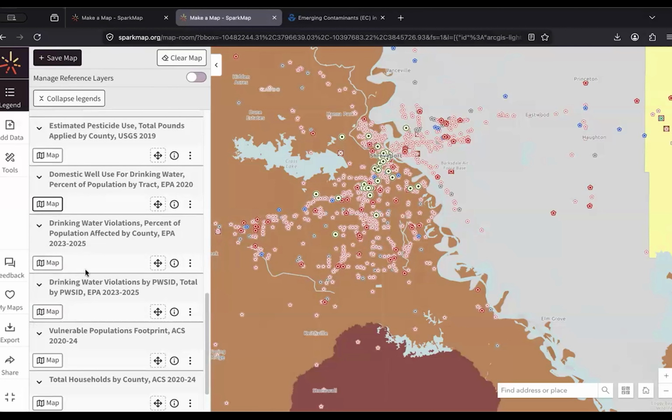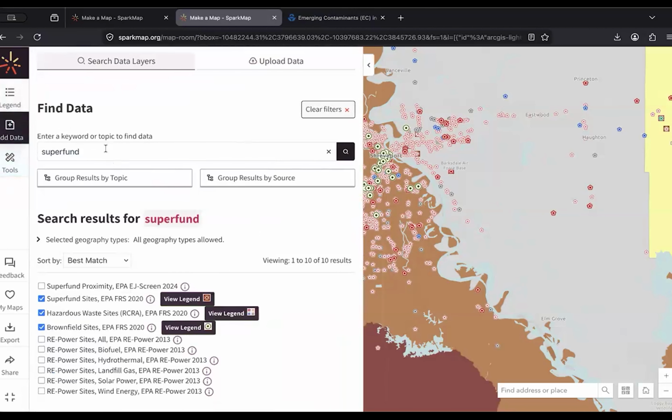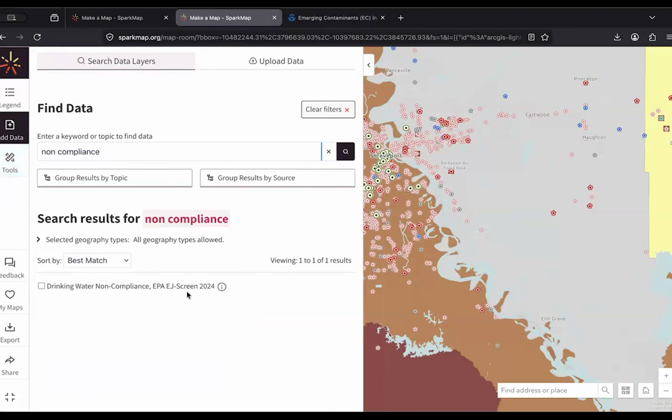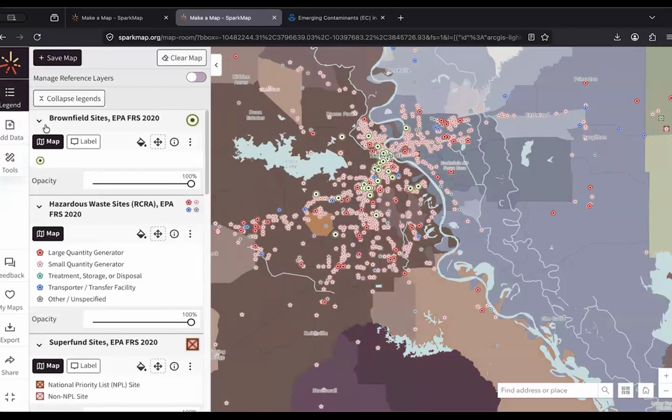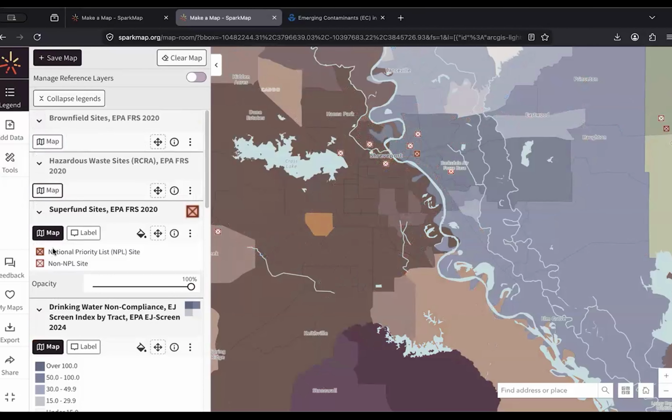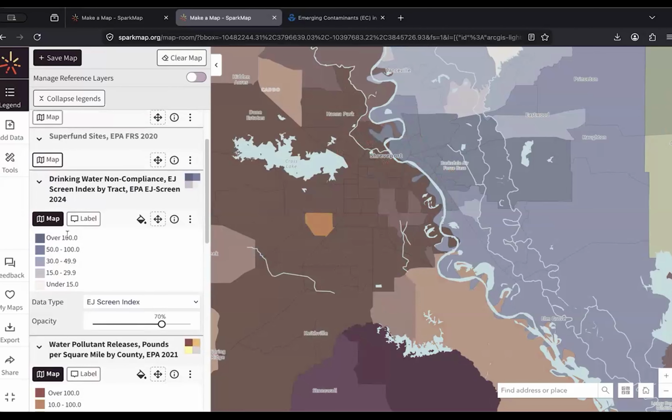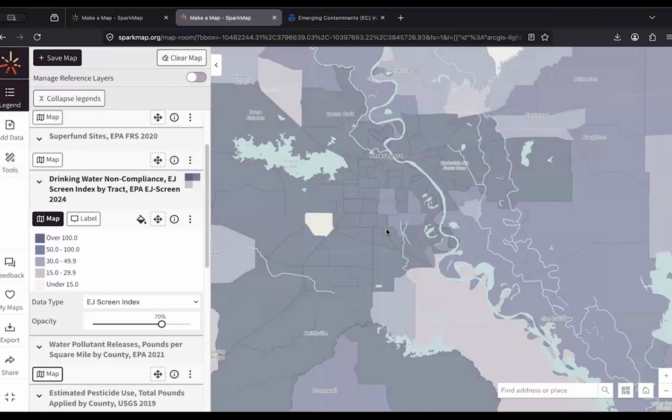In addition to that, we also have a non-compliance layer, and I thought that one might be a good one for you guys to know about too. This comes to us from the EJScreen data from the EPA, and I'm going to turn off some of my other layers because my map's starting to get a little crazy here.